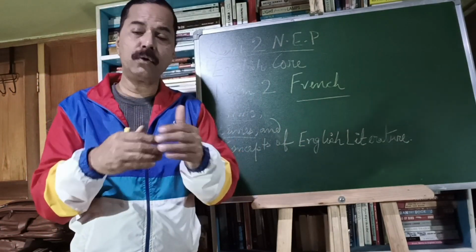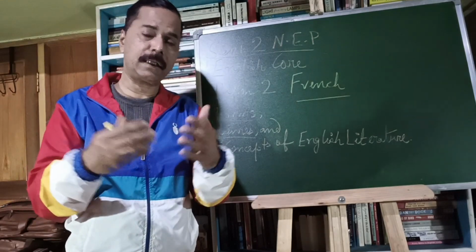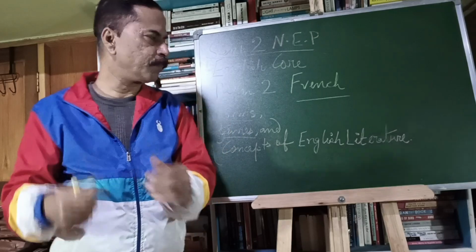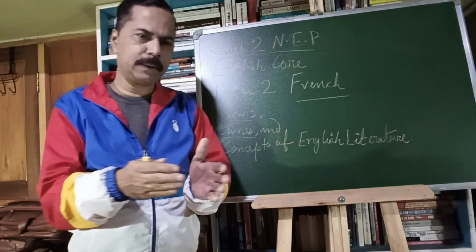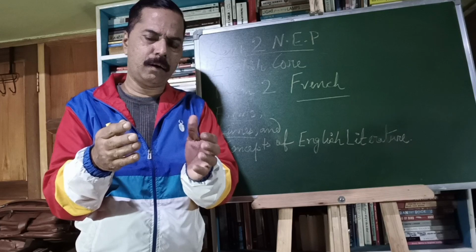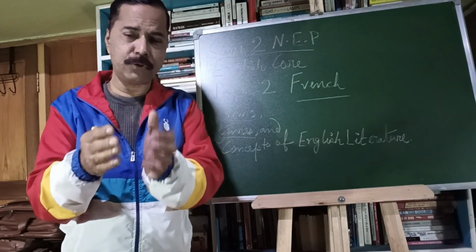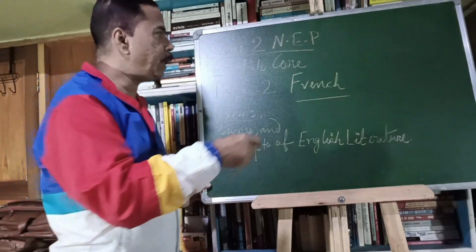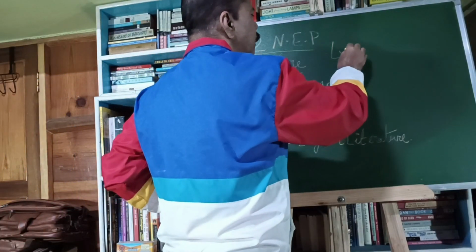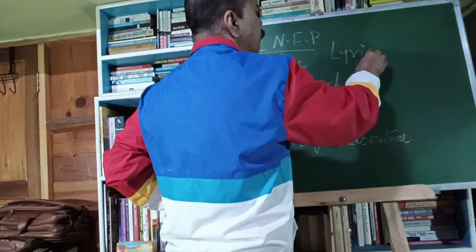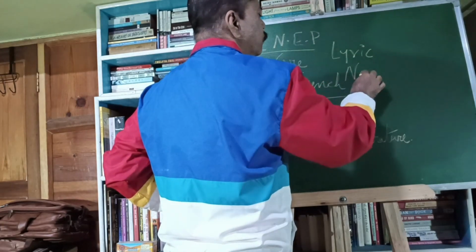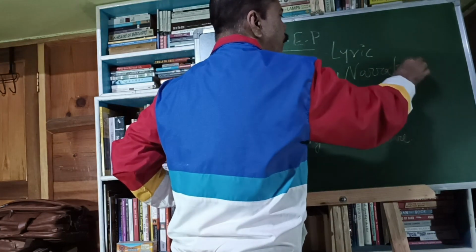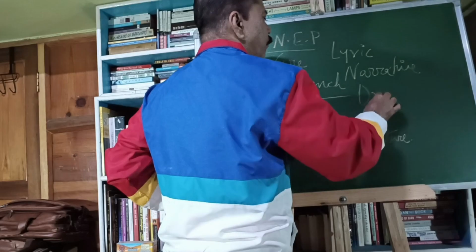Now, what are those genres? There are genres and subgenres. Most of them you will study in your paper. Now, earlier there was a tendency to categorize literary types based on who the speaker is. Based on that, we had these three: the lyric, the narrative, and the dramatic.